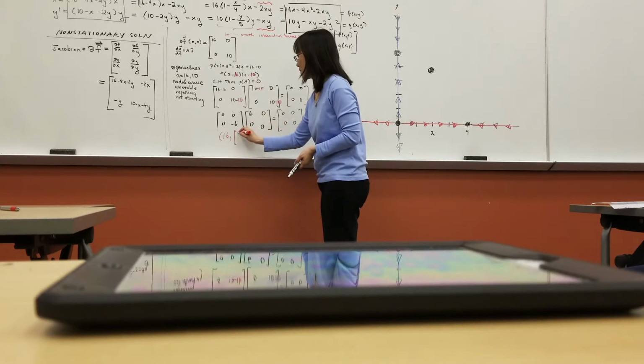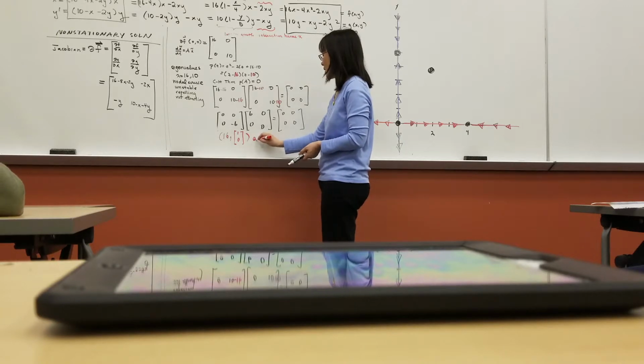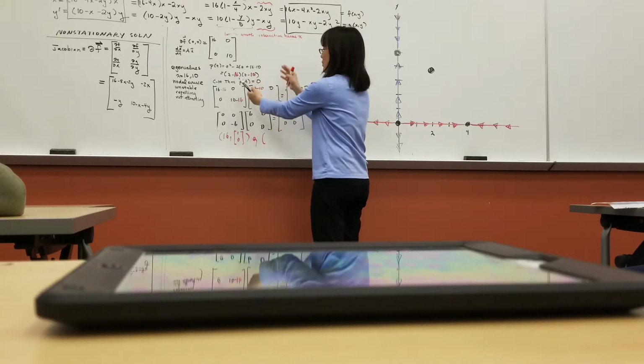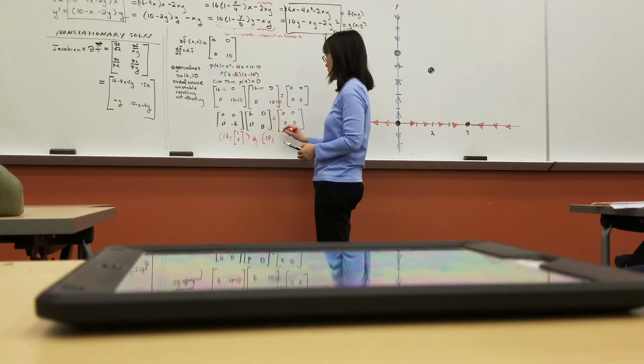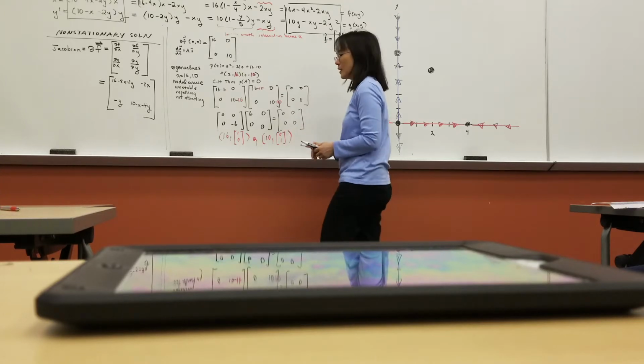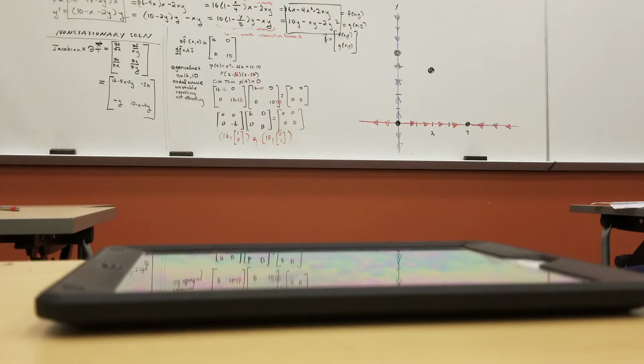And then on the other side, you're imagining this turned around. So what is the eigenvalue? 10. And what is the eigenvector? 0, 1.